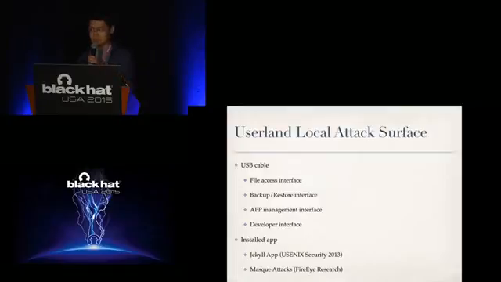The other is that you install applications, for example from the App Store or applications signed with an enterprise certificate. So for the first type, through the USB cable, Apple enables you to manage your iPhone through iTunes.